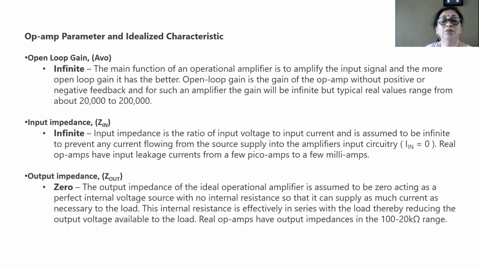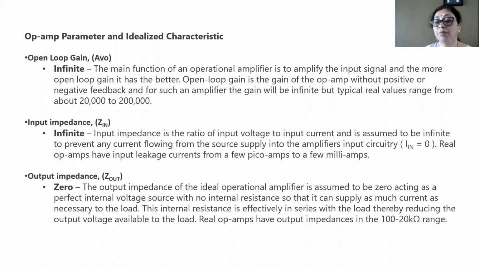Okay, so what is the main function of an operational amplifier? To amplify the signal. Okay, so what is open loop? What is the meaning of open loop? When the output is not connected to the input, that is, when there is no feedback, that configuration is called open loop. And when your operational amplifier is open loop, so when there is no presence of feedback, at that time what is the gain of the operational amplifier? So that gain is nothing but open loop gain. And how do we calculate the gain?